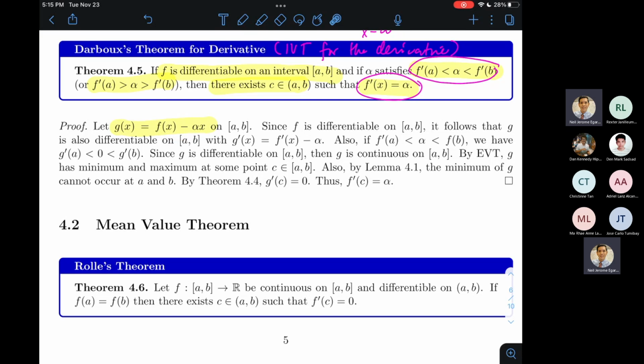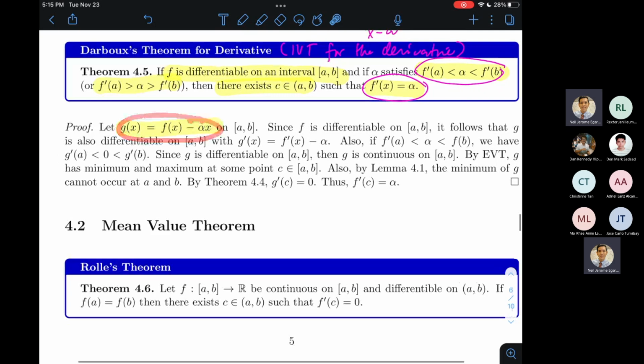And not just that, we can use the algebraic theorem for derivatives, telling us that the derivative of a difference is the difference of the derivatives. So g prime lamang, knowing that g is equal to this, is just f prime of x minus the derivative of alpha x. So si alpha x ay may derivative na alpha.